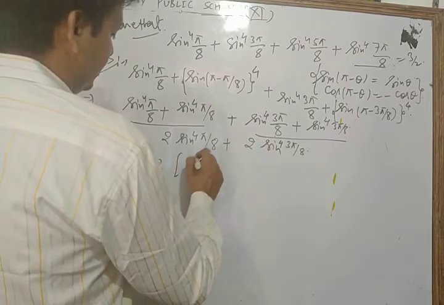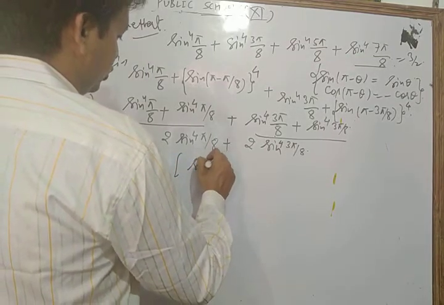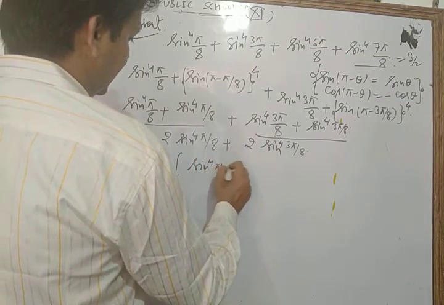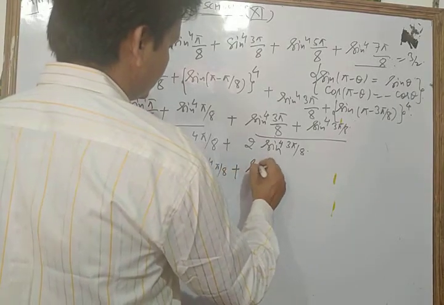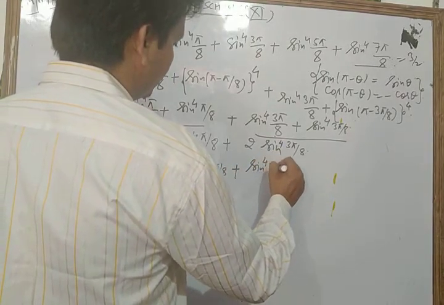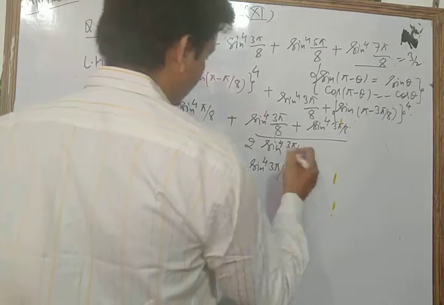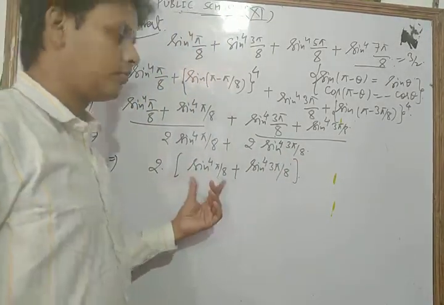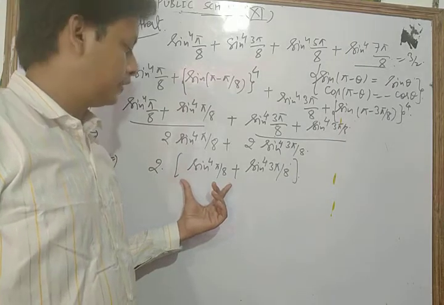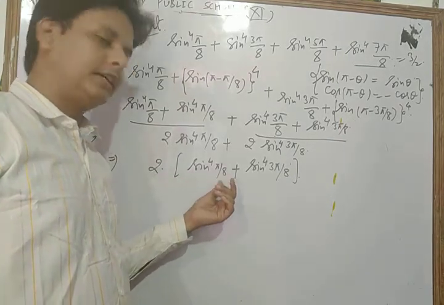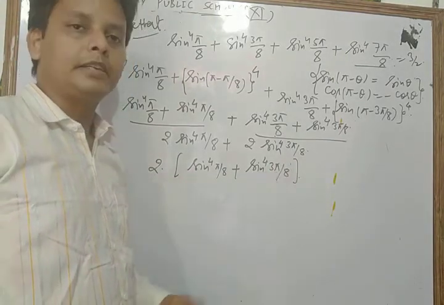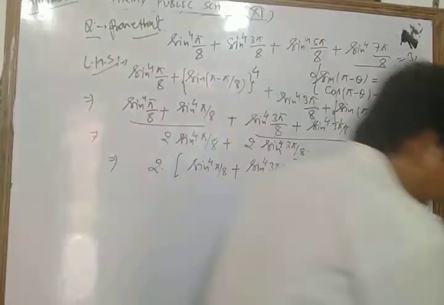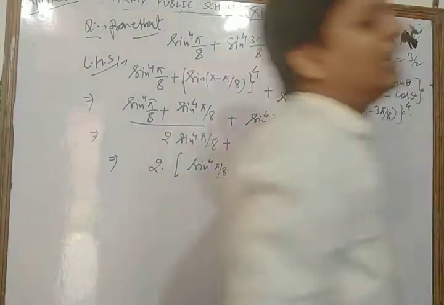That is we get 2 times sine to the power 4 pi by 8 plus sine to the power 4 3 pi by 8.